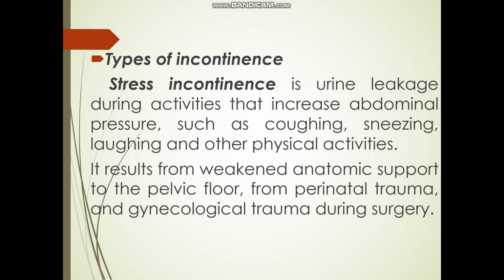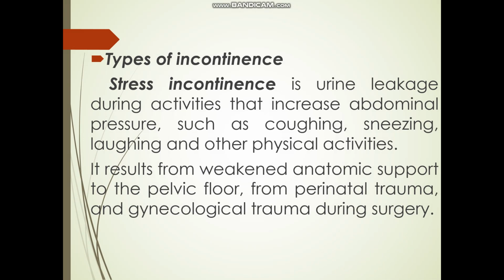Types of incontinence: there are 4 types. First one is stress incontinence. That is urine leakage during activities that increase the abdominal pressure, such as coughing, sneezing, laughing, as well as other physical activity. Why does this happen? Normally it doesn't happen.